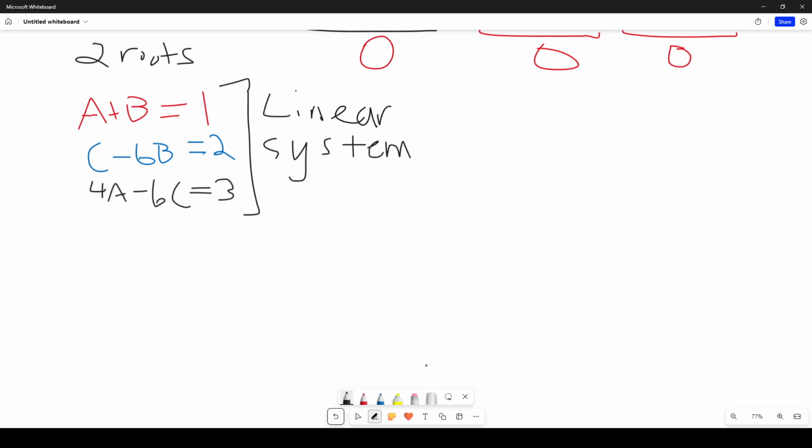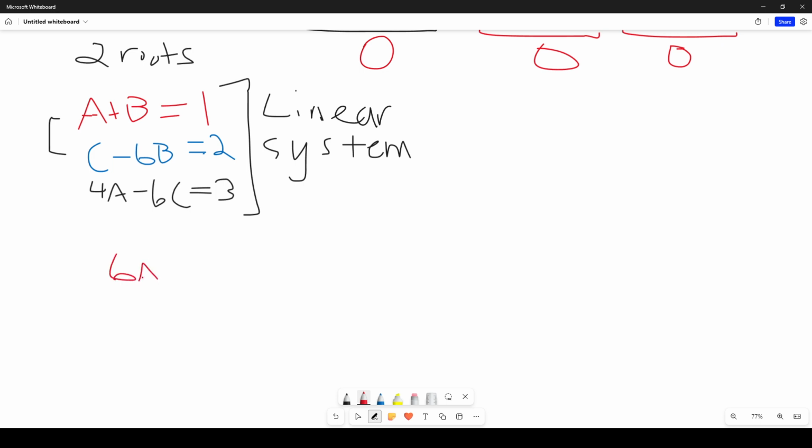together. So the first step I would take, and generally when you're doing these, is you're going to try to isolate certain variables. You're going to try to cancel things out. So let's work these first two equations. Something I notice is that we're having a minus 6b and a plus b. So let me multiply this top equation by 6.